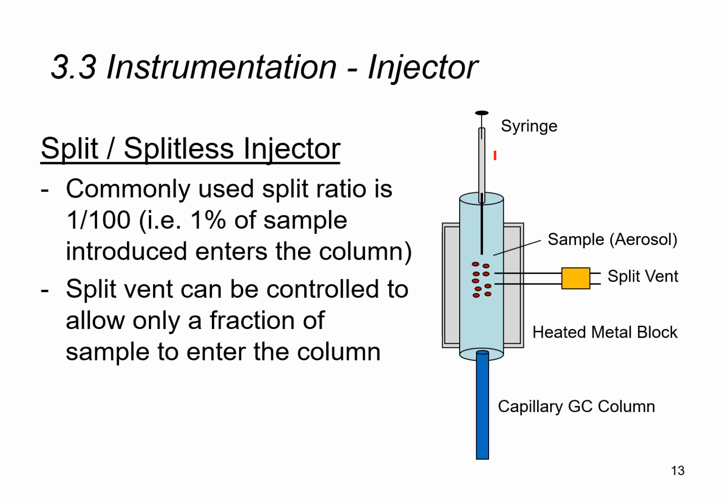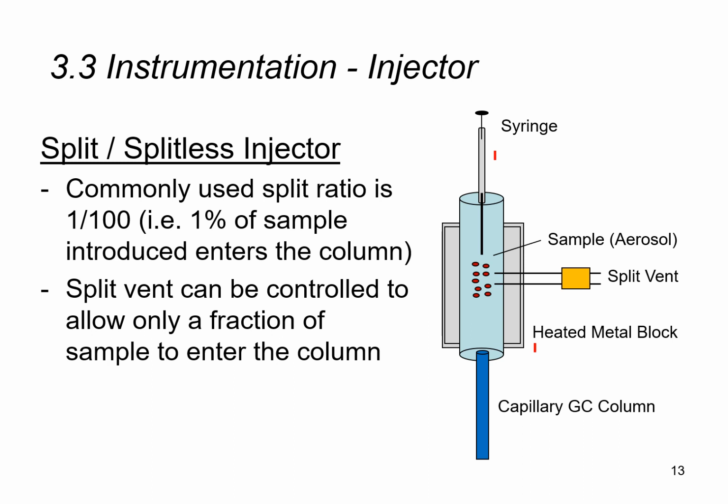This injector port is surrounded by a heated metal block that provides heat in order to vaporize the sample into a gaseous form before it's moved on into the column where separation can occur. Now, one thing about this type of splitless injector is that we can control the amount or the fraction of the sample molecules that pass through to the GC instrument.